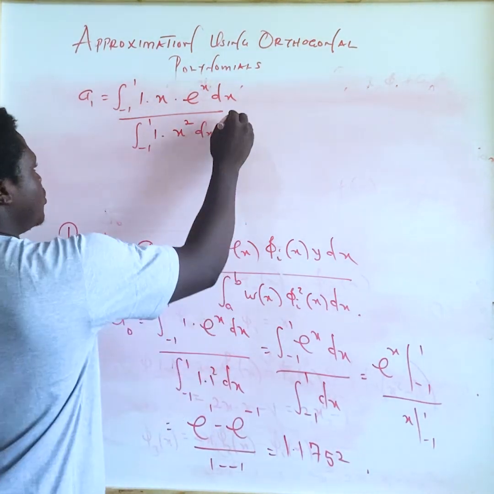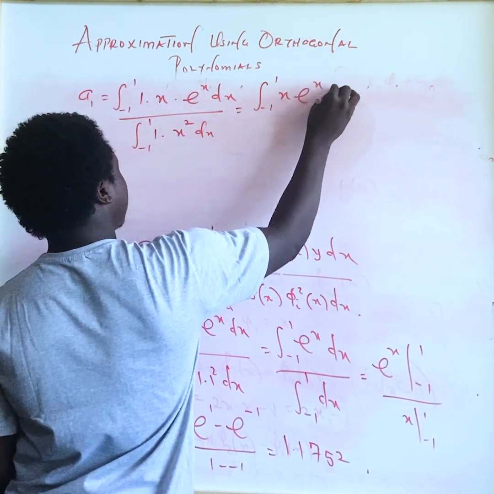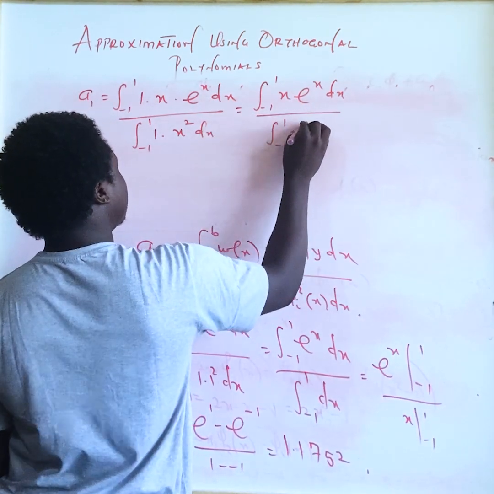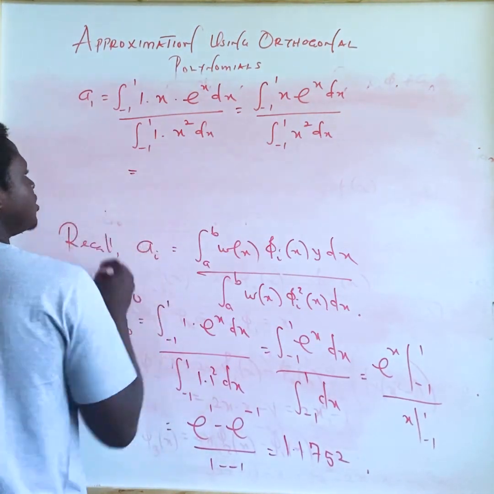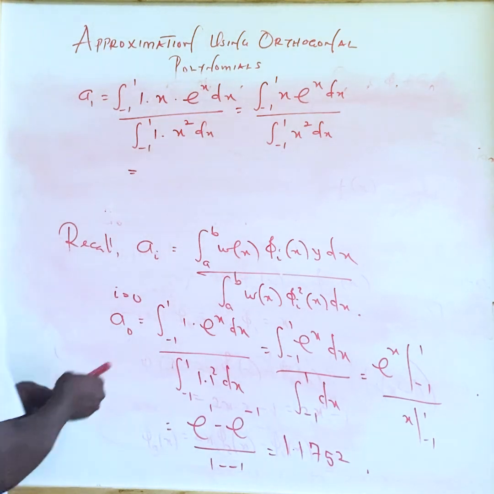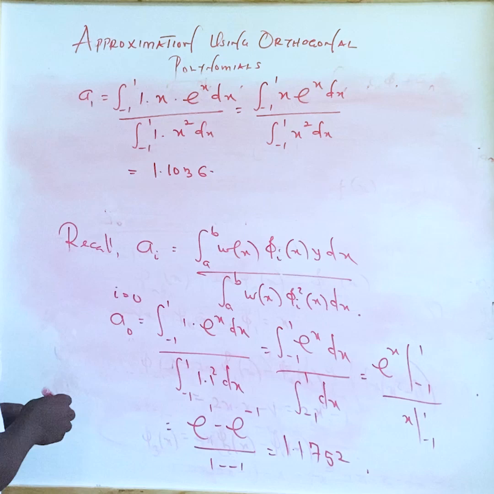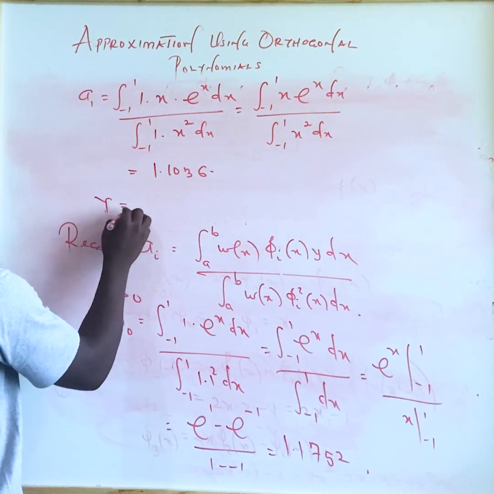And then from here we have the integral from minus 1 to 1 of x exponential x dx over the integral from minus 1 to 1 of x squared dx, which, when you integrate and use your calculator, you get this to be 1.1036.